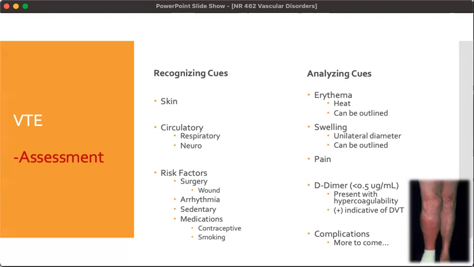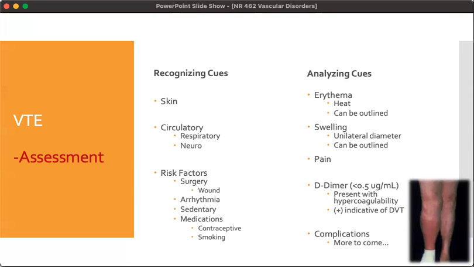And pain. This is not a comfortable thing that patients go through. They will have pain. And they're going to have even more pain if you squeeze their calf. So please don't do that because a lot of bad things can happen. Moving on to some other cues that we're going to look for. So a D-dimer. This is a lab test. Our normal range is here on the slide, so less than 0.5 is normal.